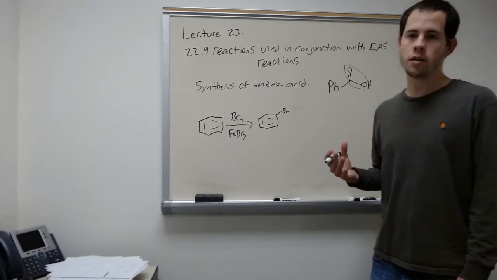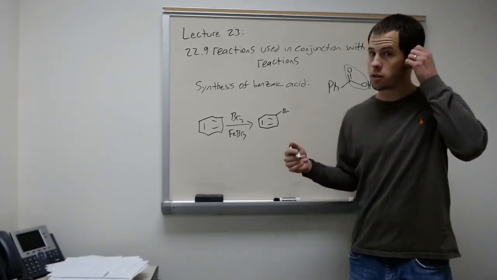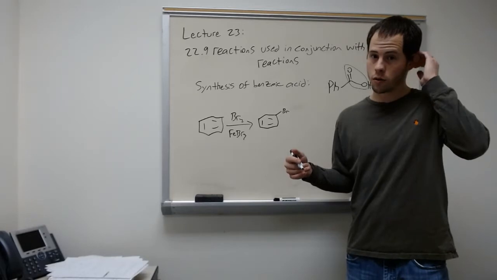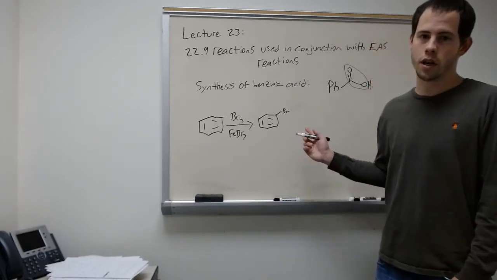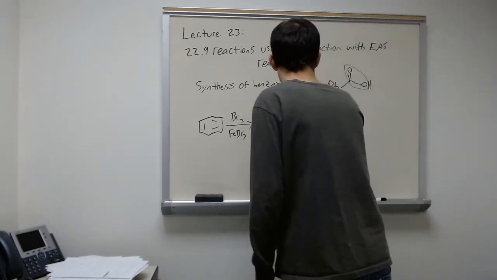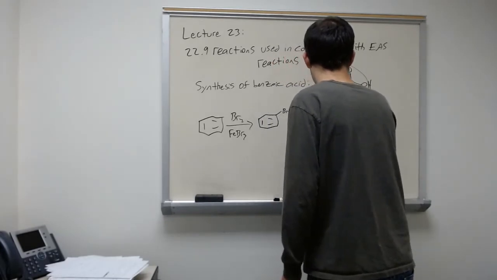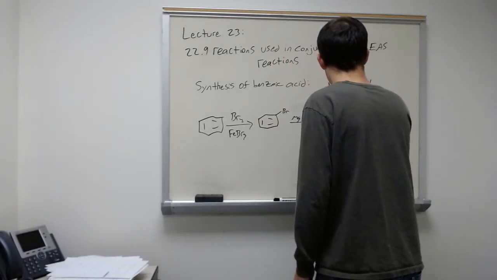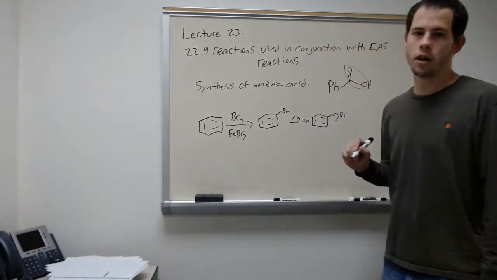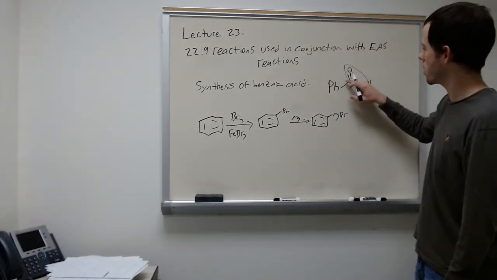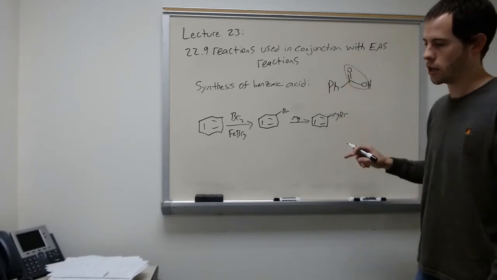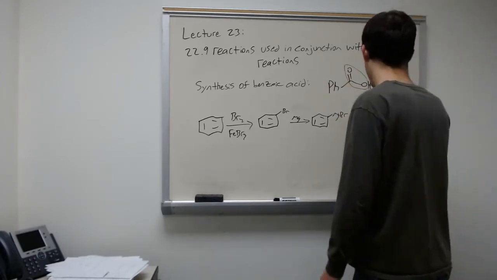Now we could do a variety of different things with this bromine. We could do cross-coupling. We could turn it into a Grignard, which is what we're going to do to synthesize benzoic acid. So now we get our Grignard reagent, and now we just need to add this CO2 molecule. So we would use CO2 in our first step.